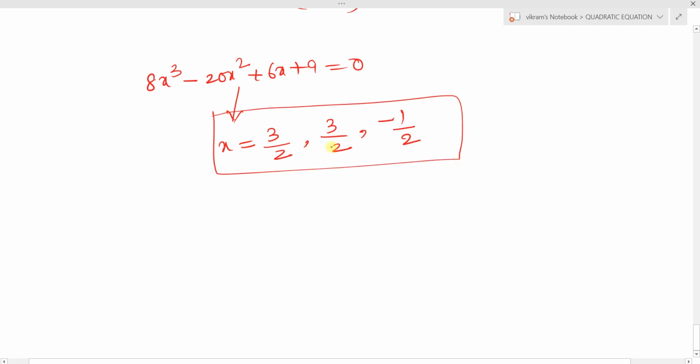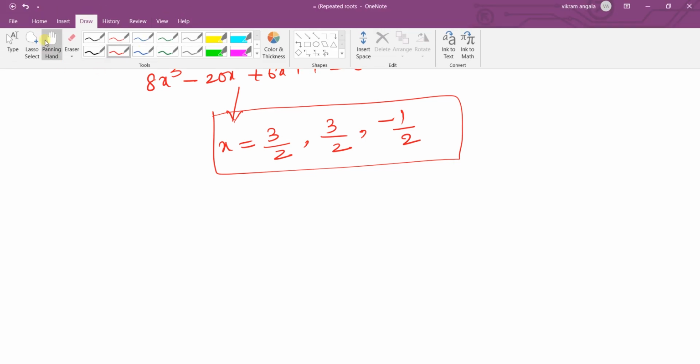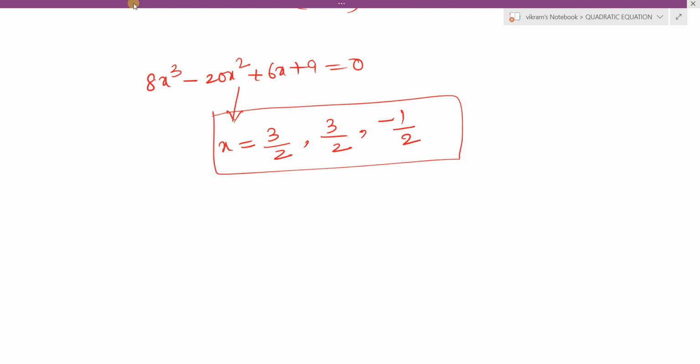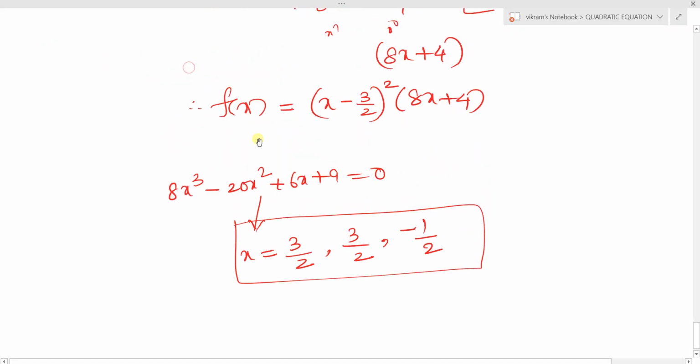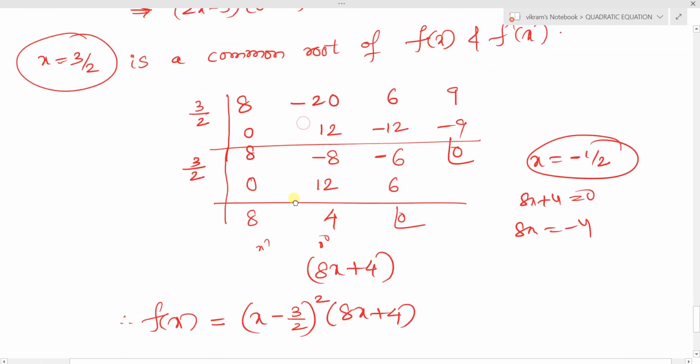I think now you understand how to find the multiple roots of the given polynomial equation. To find the multiple roots, we consider the given function as f of x, then find f dash of x and equate that to 0.